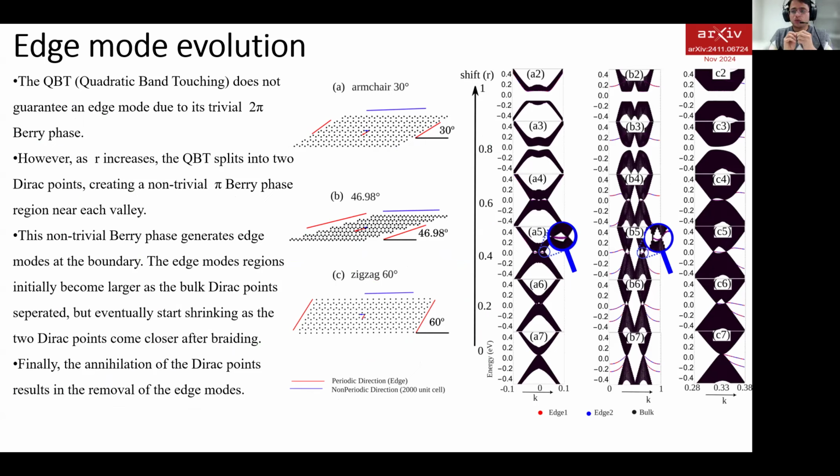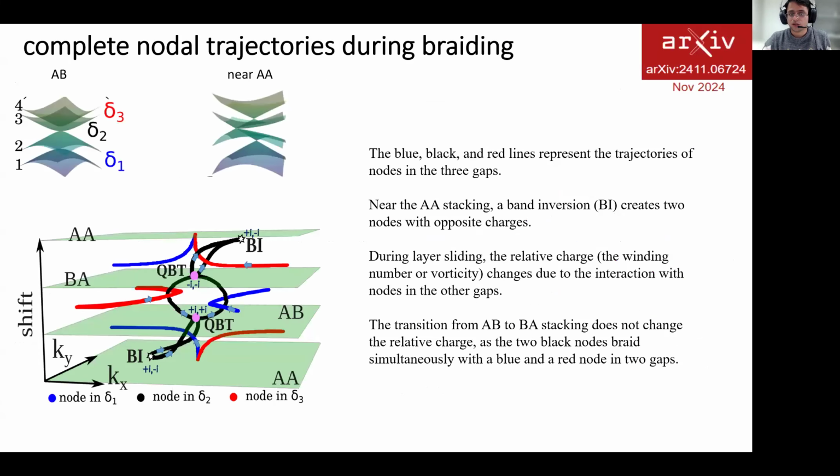But when this quadratic band touching is separated, for example here and here, then in the middle of these two Dirac cones we should have a pi Berry phase. Therefore, we should have some boundary signature because of that. And indeed, we find it. If you look at many directions, you can see such a signature, and such a procedure can be detected by looking at the edge mode evolution.